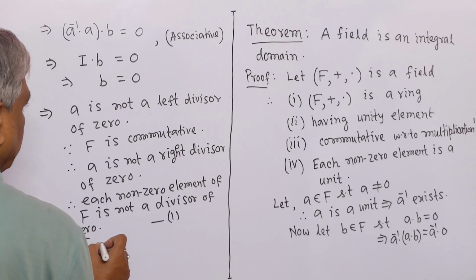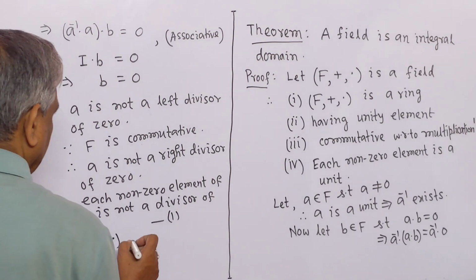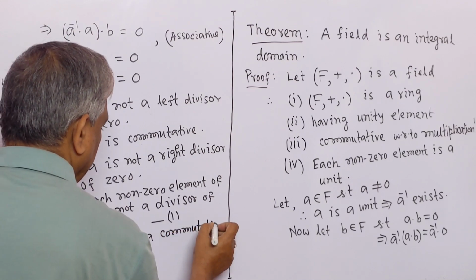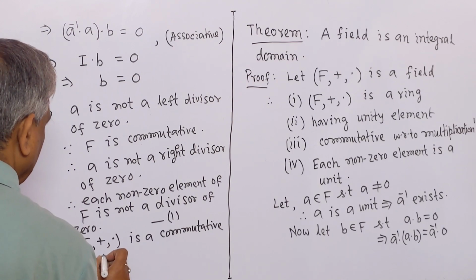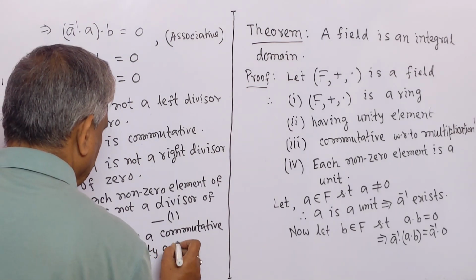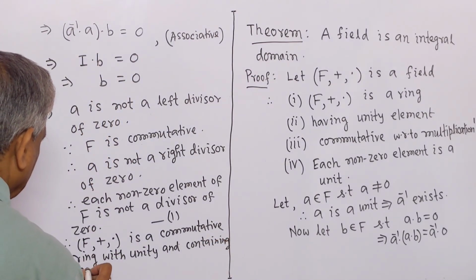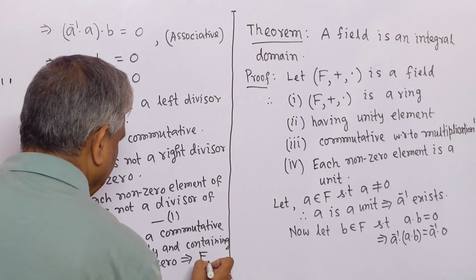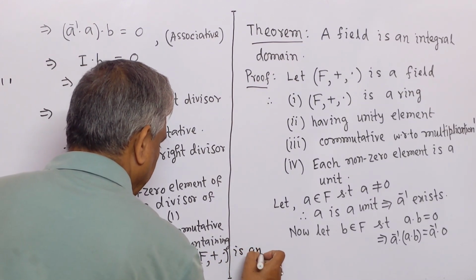Therefore, F with binary composition, addition and multiplication is a commutative ring with unity and containing no divisor of 0, implies that F with binary composition, addition and multiplication is an integral domain.